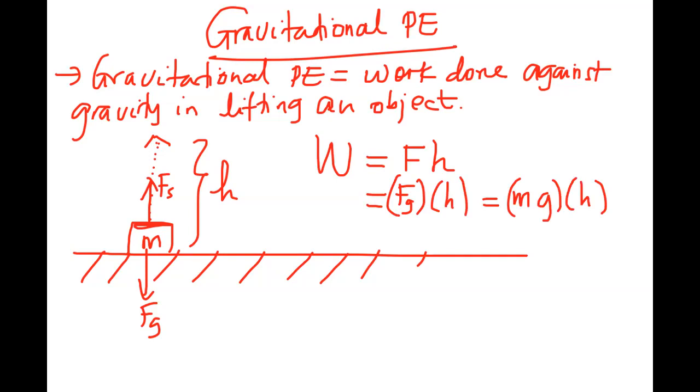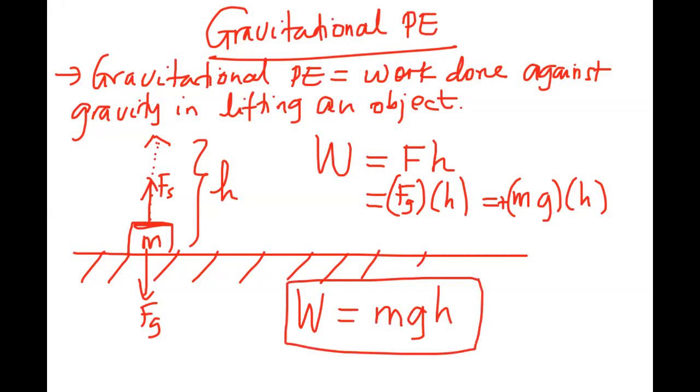It's no longer gravity, it's the applied force that you are acting on the box, so it's upward, and the displacement is up, so this will be positive work. In this case, the work done against gravity is just mgh. That's the work done against gravity.